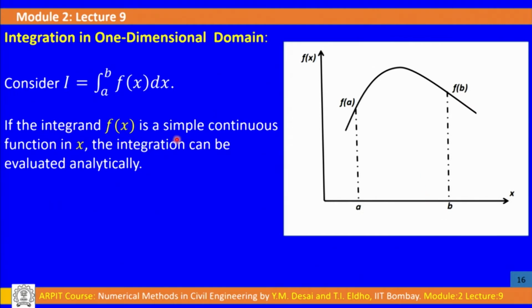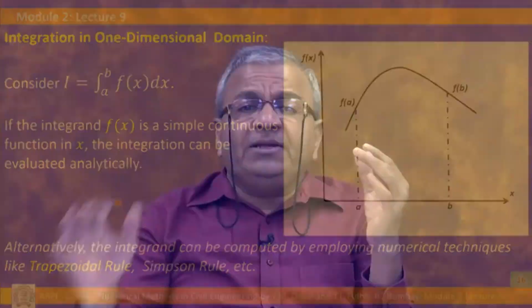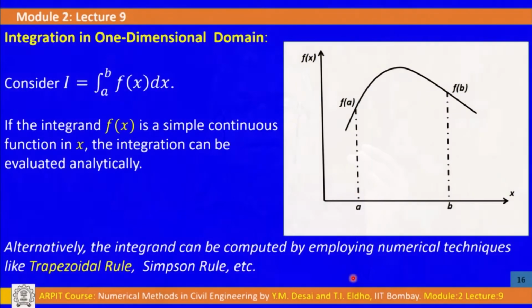If the integrand f x is a simple continuous function in x, the integration can be evaluated analytically. We can do it by hand. Alternatively, the integral can be computed by employing numerical techniques like trapezoidal rule, Simpson rule, etc., that you would have studied earlier.